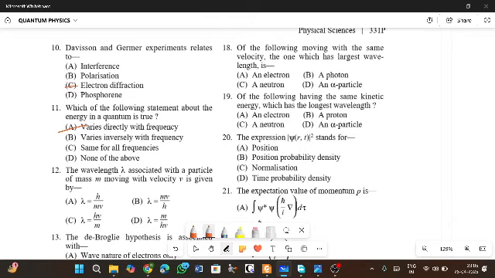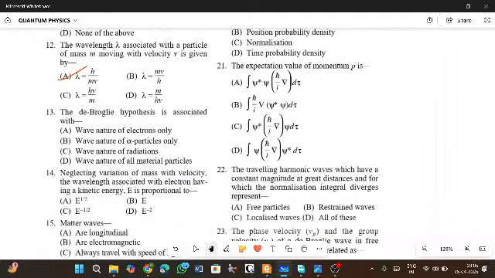Question number 12. The wavelength lambda associated with a particle of mass m moving with velocity v is given by lambda equal to h by p. This is nothing but the de Broglie relation. De Broglie's hypothesis is associated with the wave nature of all particles.